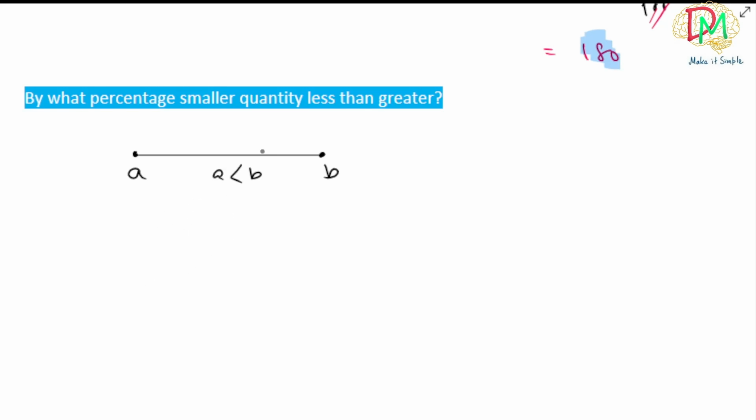So, what percentage is the smaller quantity less?